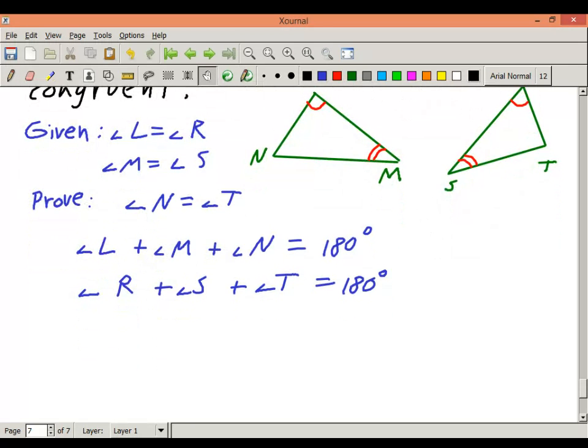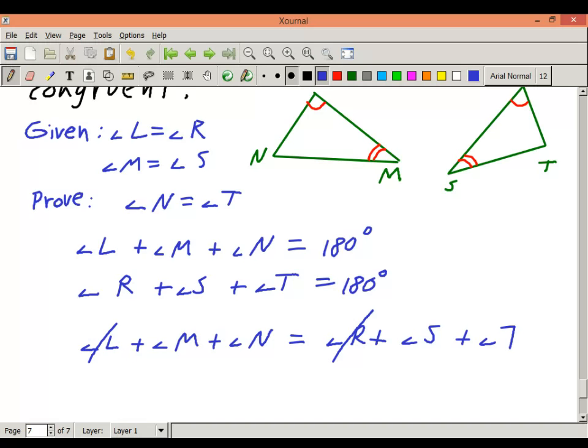Now both those equations equal 180, so we can set them equal to each other. So that'll give you angle L plus angle M plus angle N equals angle R plus angle S plus angle T. Okay, if you look at what's given, angle R is equal to angle L, so we can subtract those from both sides.